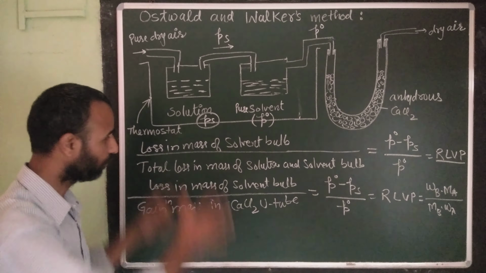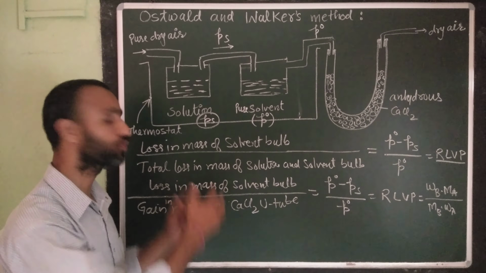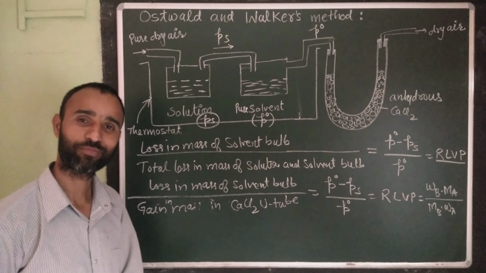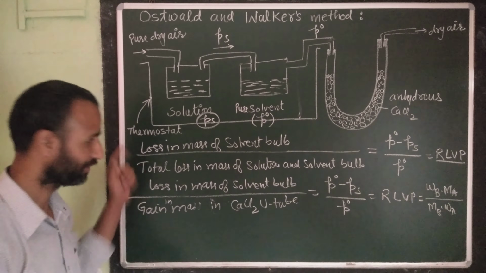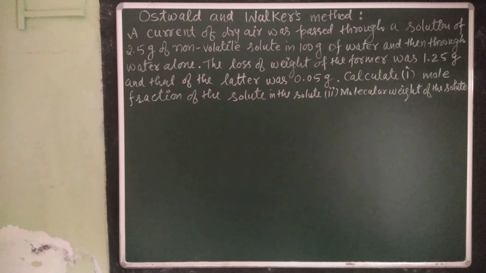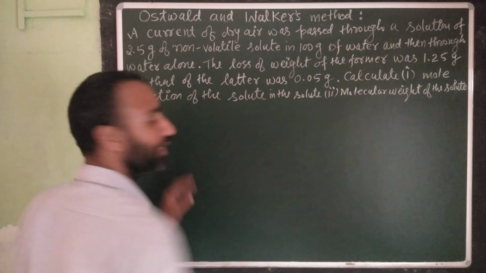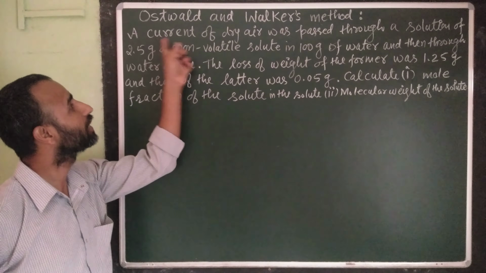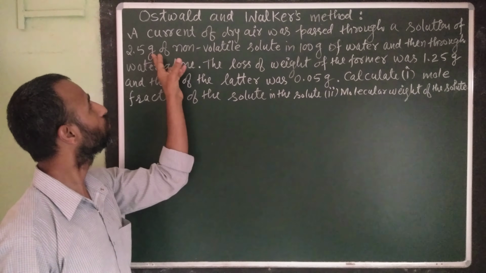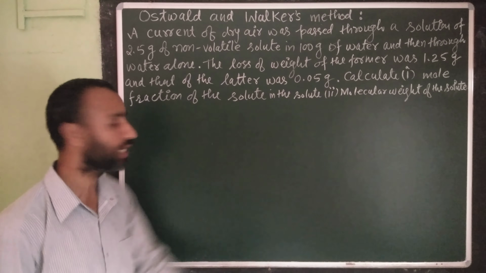Okay, now on the basis of this formula, let us solve one numerical. So be with us. See, the question is: a current of dry air was passed through a solution of 2.5 gram of non-volatile solute.